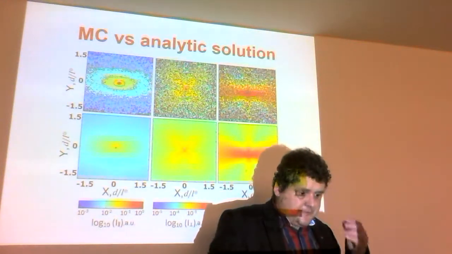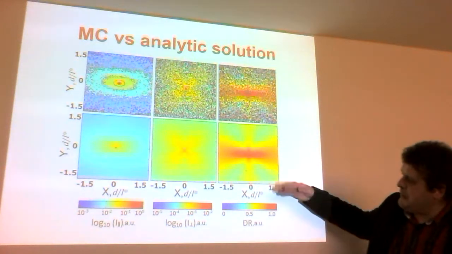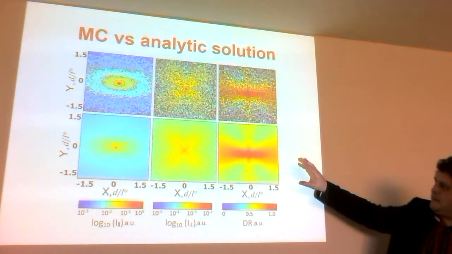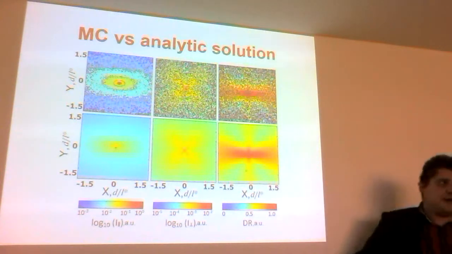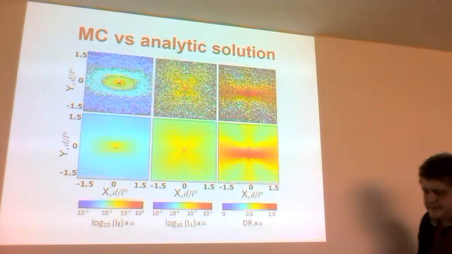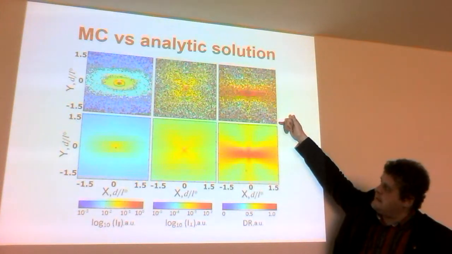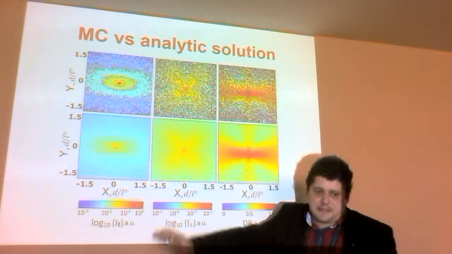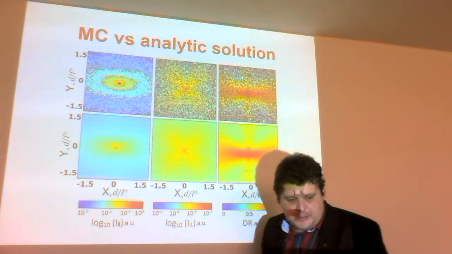Here is another picture, which maybe looks similar to the previous one, but we did the Monte Carlo calculation with a non-analytical solution. An analytical solution assumes that the light is incoherent, and here we are able to simulate the same thing, but with the influence of the coherence properties of light.